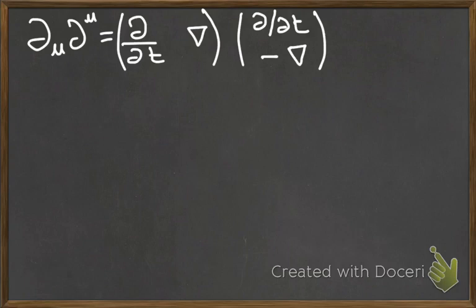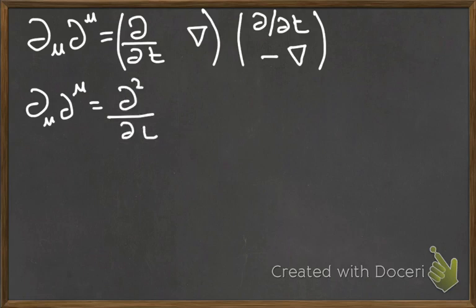Alright, now let's just multiply these two out, and finally we will get partial mu being equal to partial squared over partial t squared minus Laplacian, right? Minus my gradient squared.